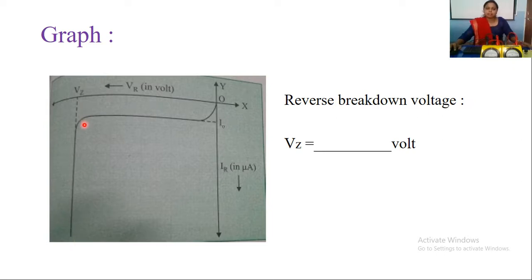So this Vz, the particular voltage at which the current rapidly increases, is called the reverse breakdown voltage. So you will get this kind of graph. After getting this graph, you will get this Vz, and you will write Vz volt is the reverse breakdown voltage for this particular graph.